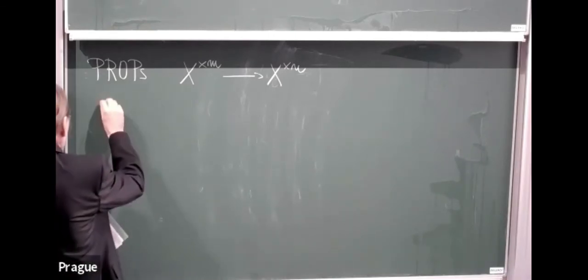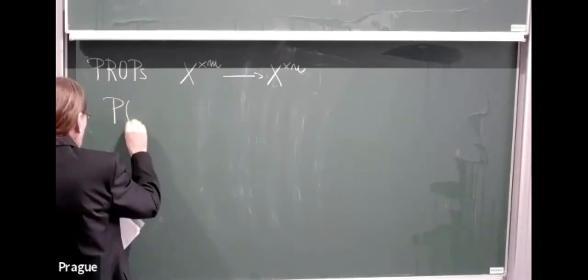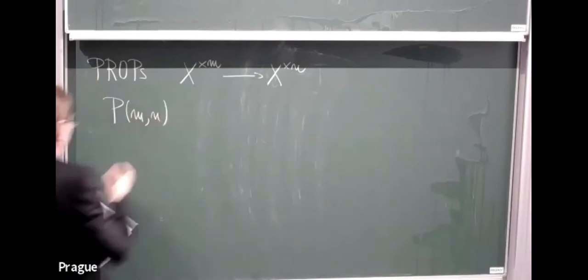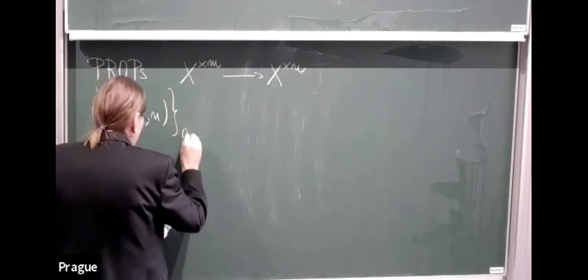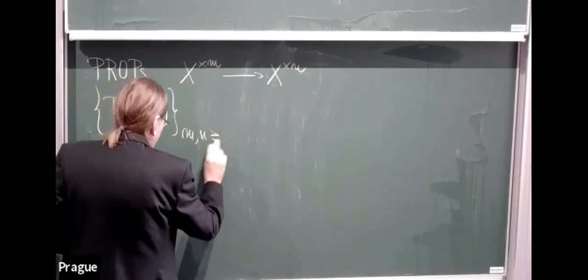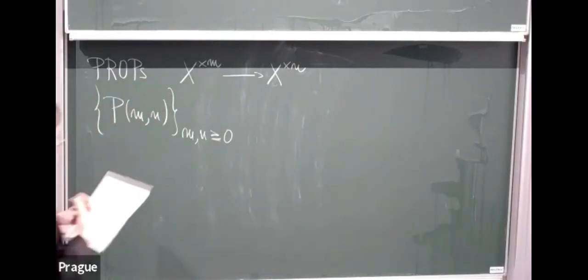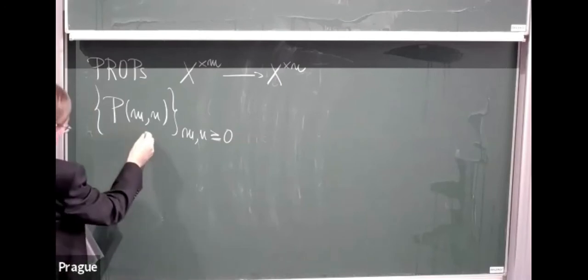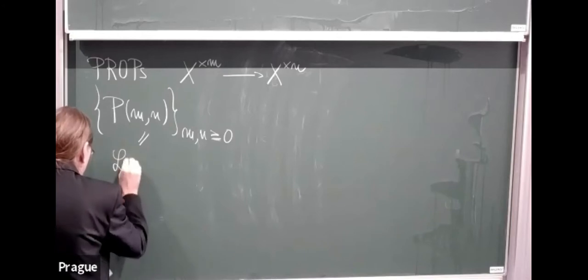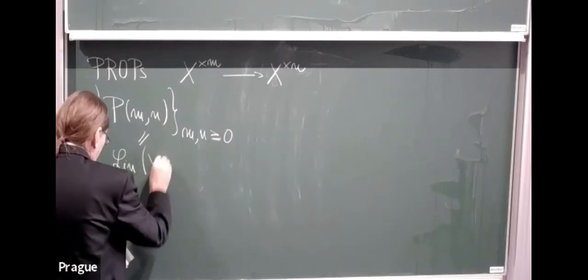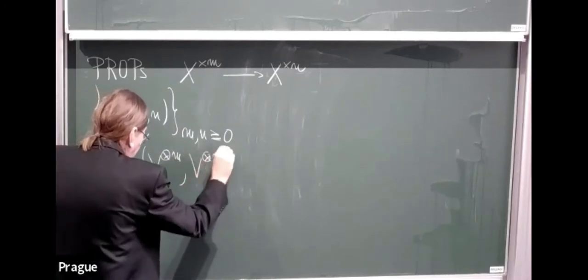A prop is a collection P(m,n). Again, I write m and n like this, but I'll be very fussy about it later on. I shall think about it as something which generalizes the set or space of linear maps from V^m into V^n.